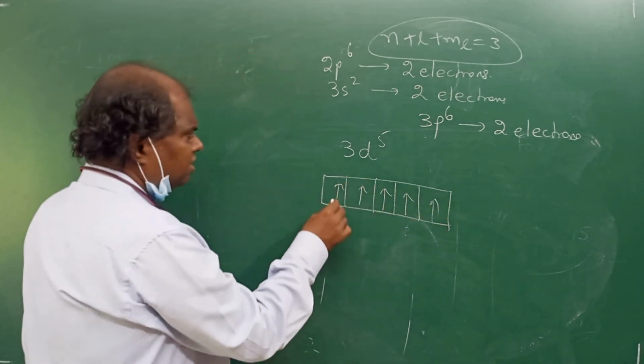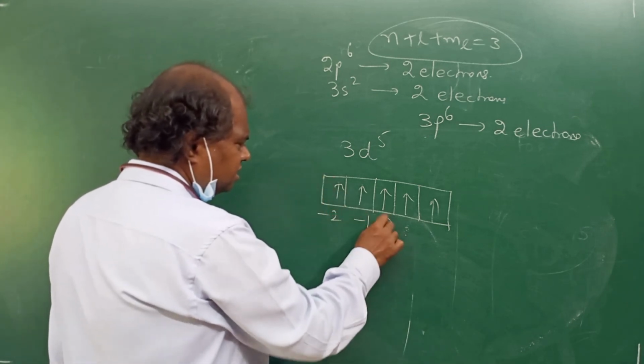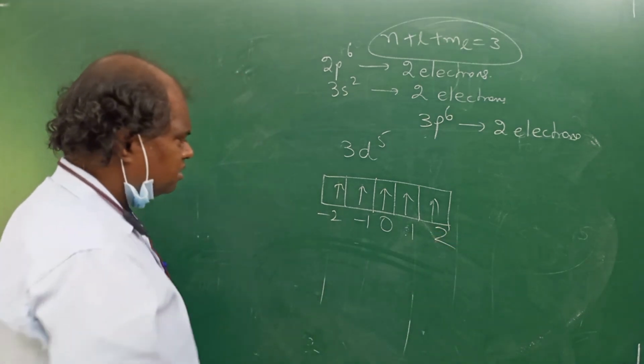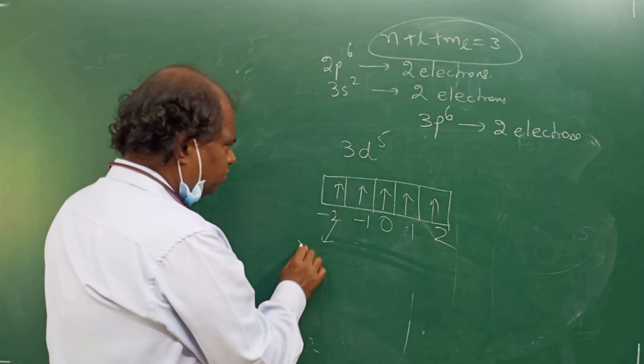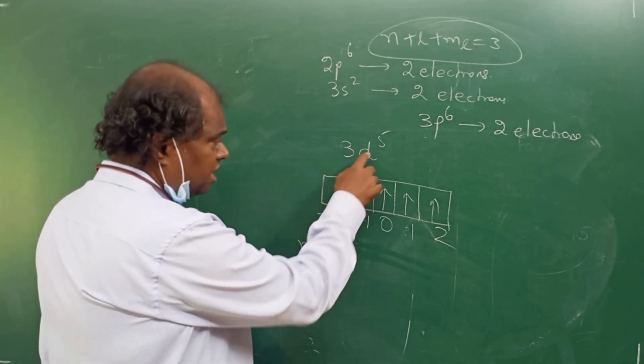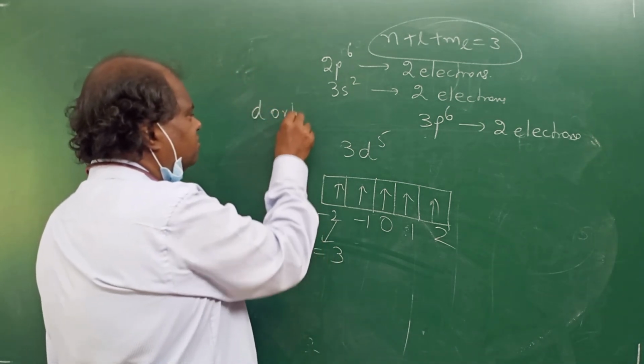Come on, let us add up the n values for this. ml values I will write first. Minus 2, minus 1, 0, 1, 2. Okay. So for these electrons, what is n value? 3. Okay. Now for d orbital, very important, what is the L value?